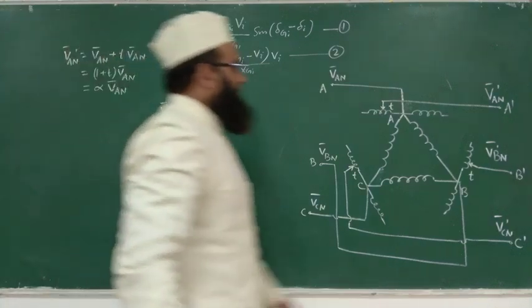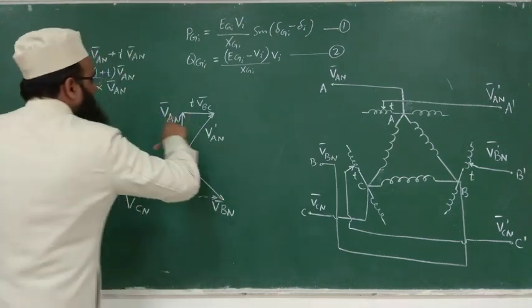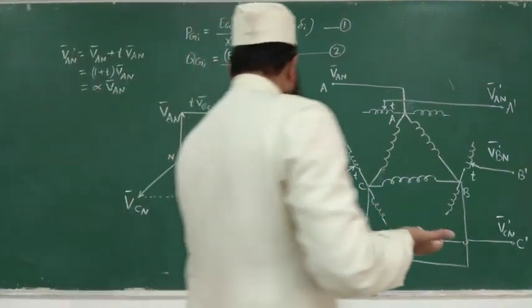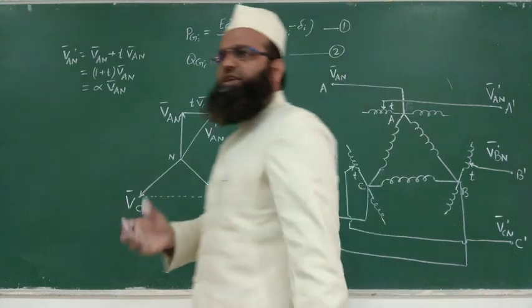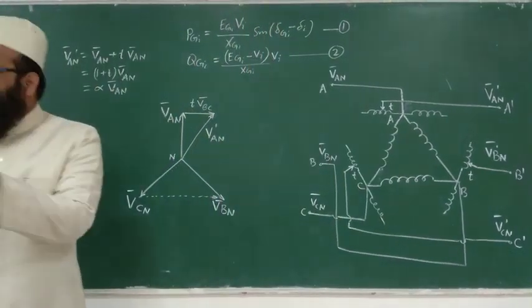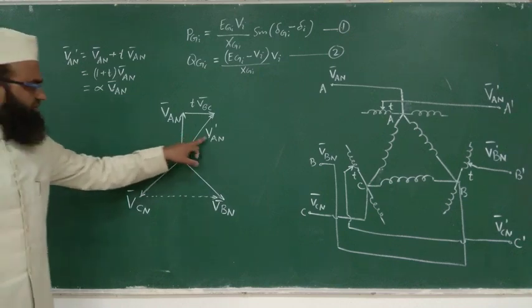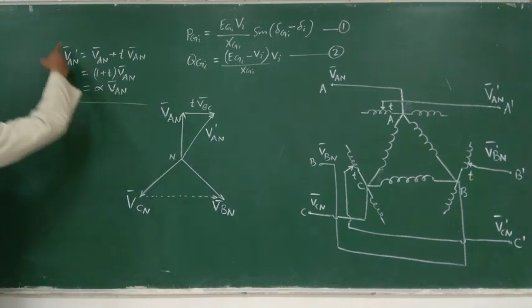So this VAN dash can be represented by this phasor diagram. Any question here? Are you getting confused if you have written V here or here? Doesn't matter. You can change the phase sequence just by interchanging any two terminals. Is not it? So this VAN dash in this case, this was for the previous case.